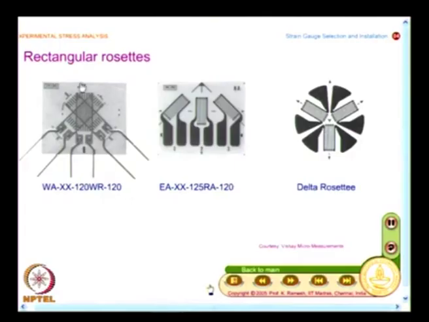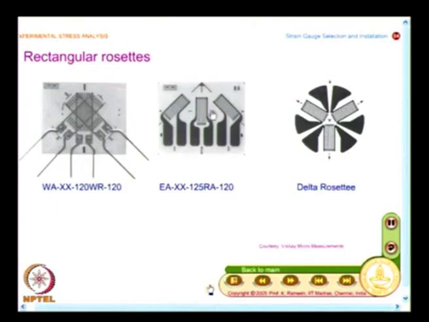And you have this as a stacked rectangular rosette, and the moment you have this as W, then you can imagine that it is an encapsulated epoxy phenolic, and A denotes it is a self temperature compensated advanced alloy. And you have the same rectangular rosette in the conventional form here.